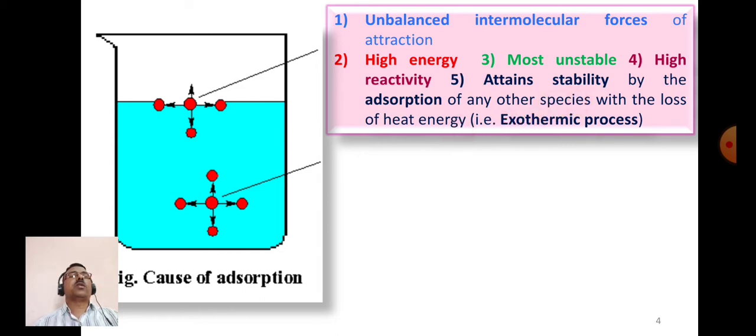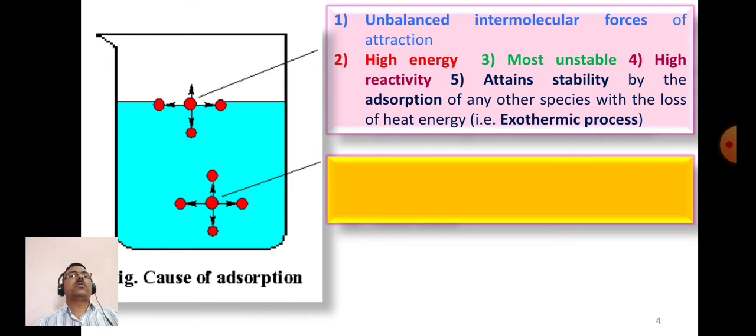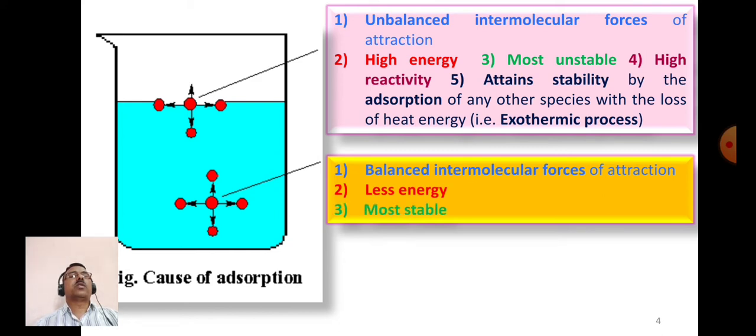So adsorption is an exothermic process. On the other hand, the molecules which are at the interior part have balanced intermolecular forces of attraction, they possess less energy, and they are the most stable molecules.